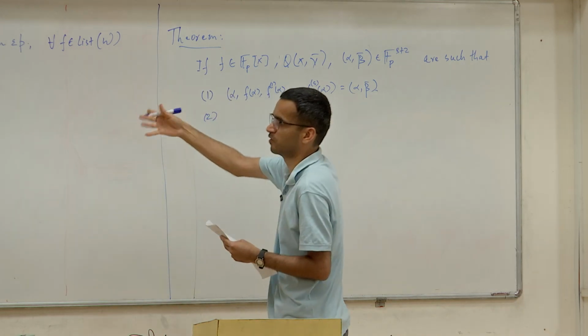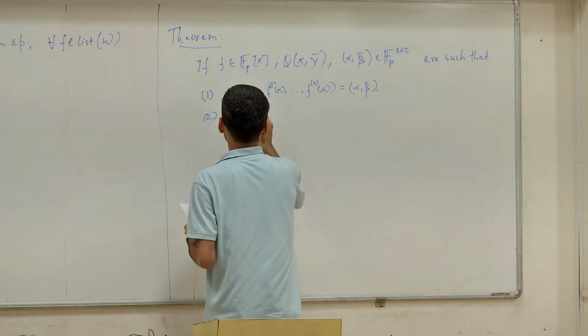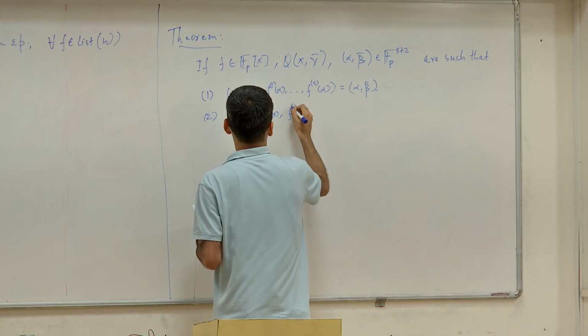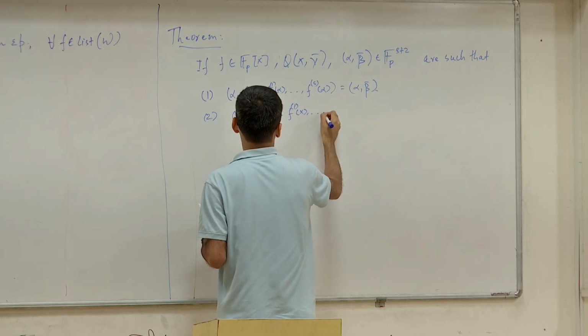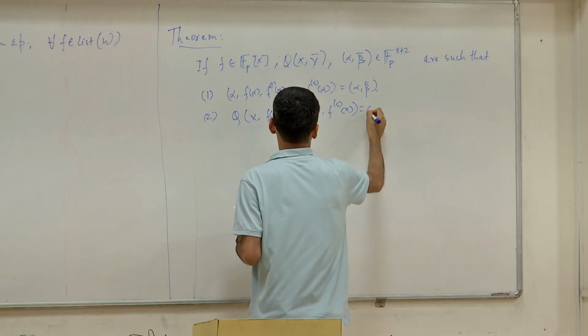You should start seeing the similarities with the setup that we have. Q of x comma f of x comma f1 of x up to fs of x is 0.